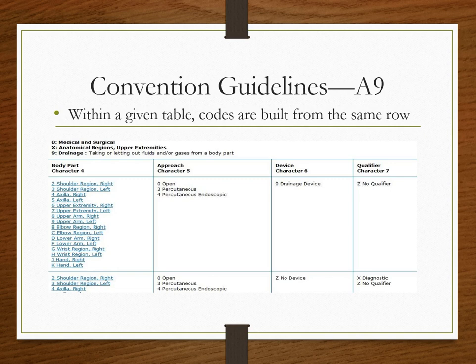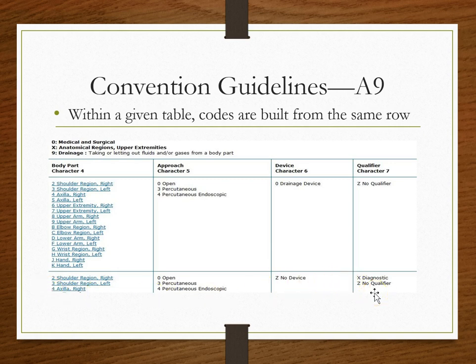Next up, guideline A9. Within a PCS table, valid codes include all combinations of choices in characters 4 through 7 contained in the same row of a table. So I think this is pretty tricky, and I think we should look at an example. I want you to notice here, we have shoulder region, right and left, in this first row here, and then we have shoulder region, right and left, in this second row here.